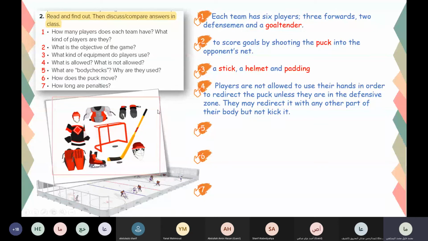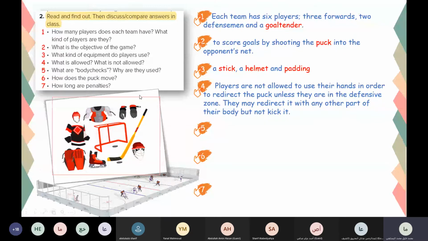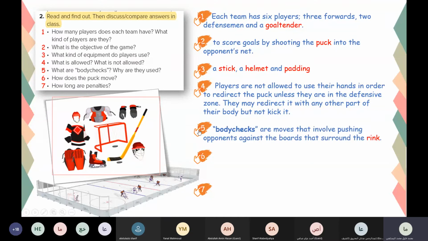Now what about number 5? Who can read about number 5? What are body checks? Why are they used? Who can try? Abdurrahman Mahroug. Read the answer, please. Yes, teacher.